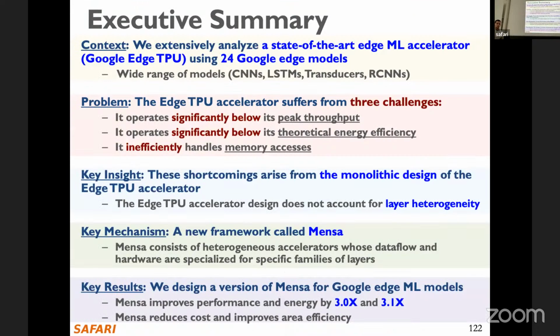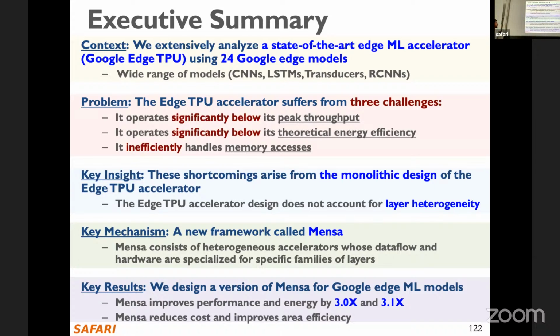So basically, in this project we analyzed 24 different Google neural network edge models, and we saw that they suffer from three main challenges. When running on the Google accelerators, they operate below peak throughput, below theoretical energy efficiency, and they also handle memory access quite inefficiently.